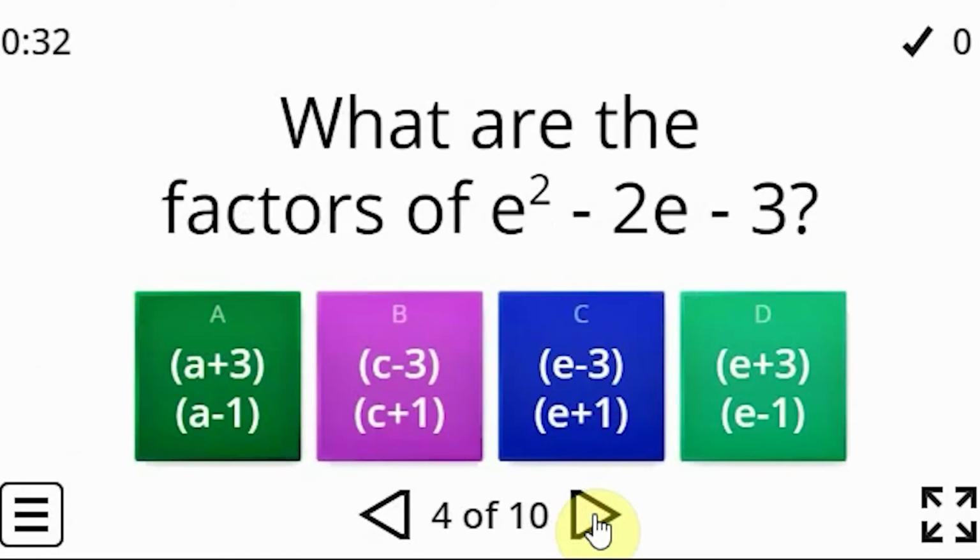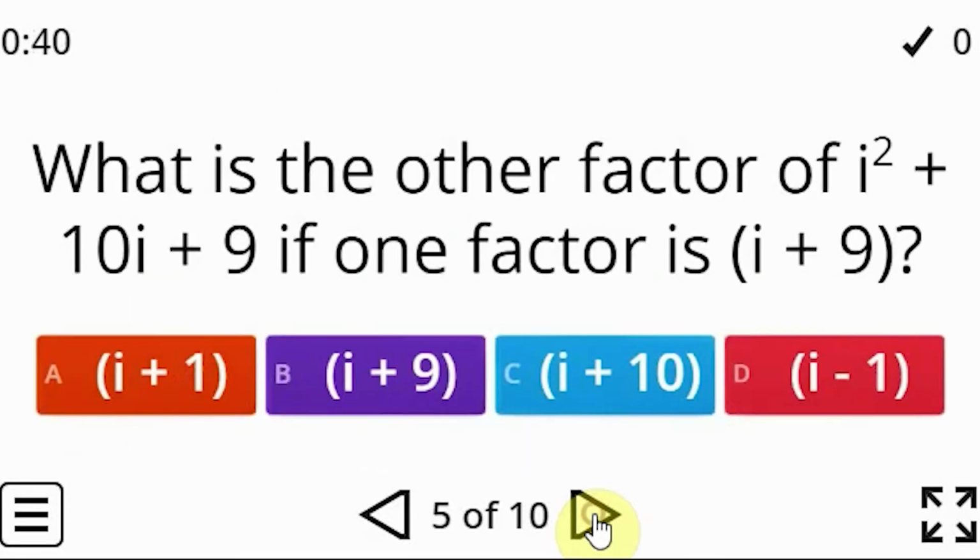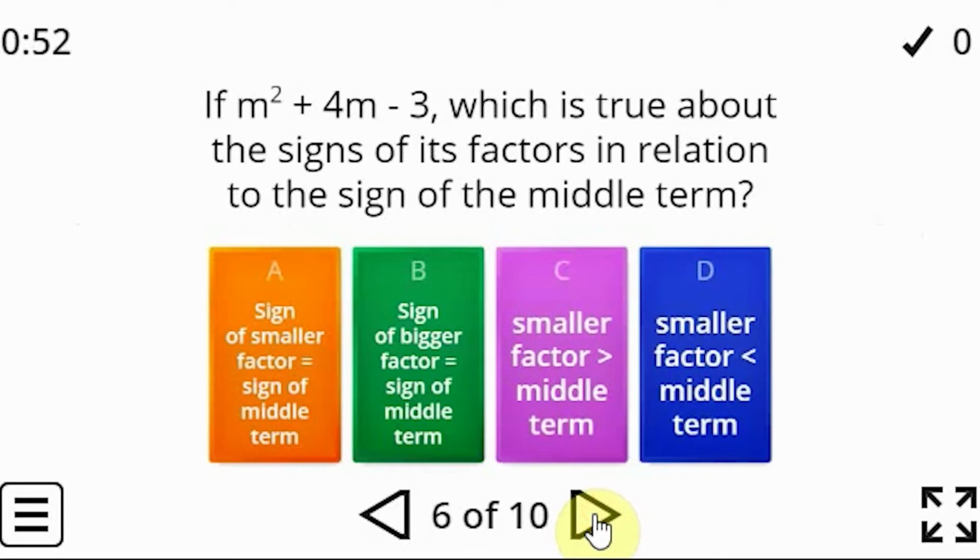What are the factors of e squared minus 2e minus 3? What is the other factor of i squared plus 10i plus 9 if one factor is i plus 9? If m squared plus 4m minus 3, which is true about the signs of its factors in relation to the sign of the middle term?